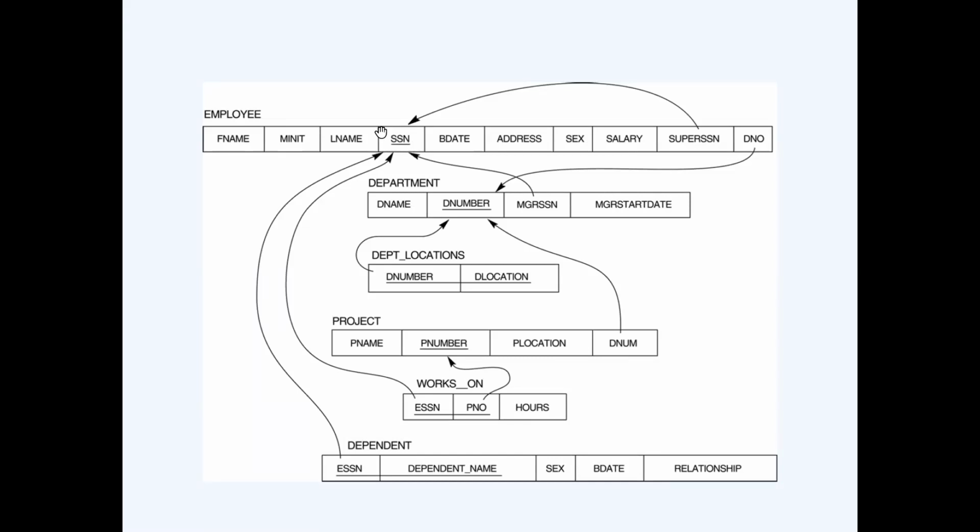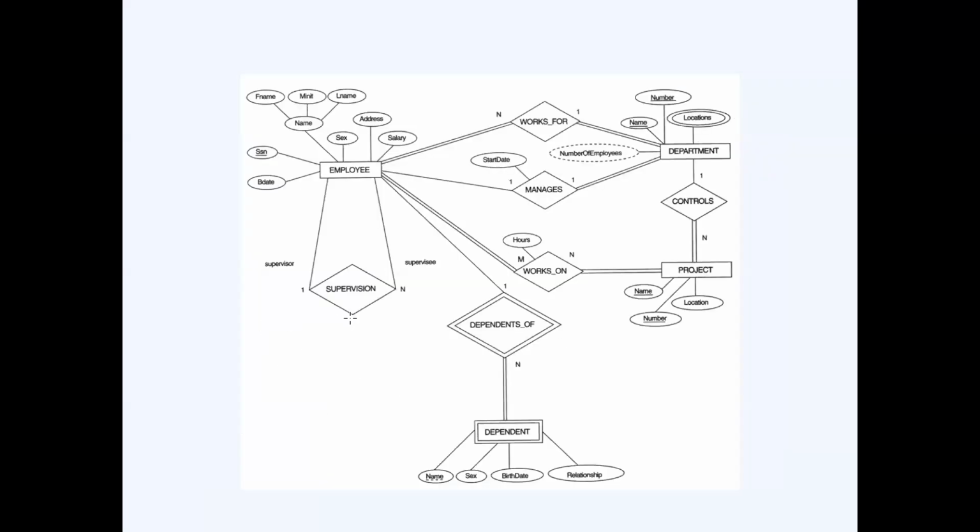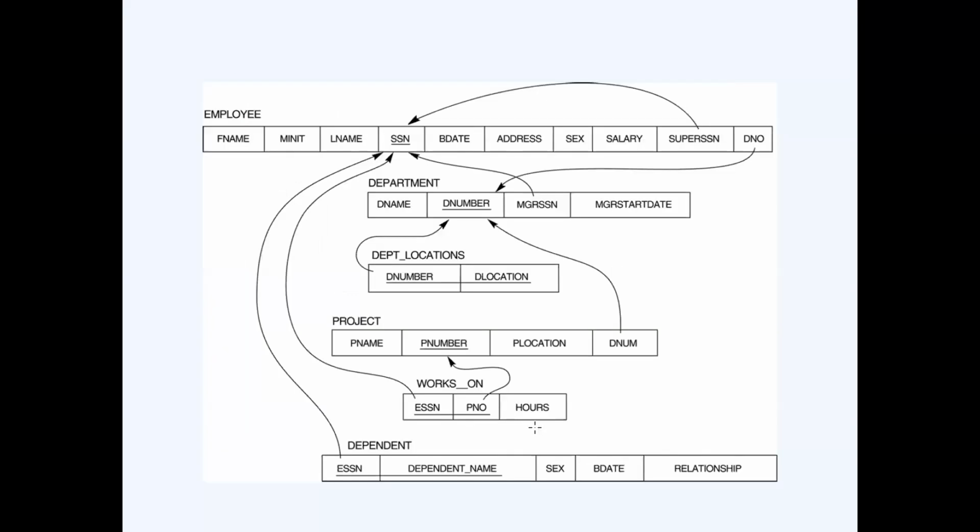So social security number is the primary key of employee, department number is the primary key of department, and project number is the primary key of project. Then we also map the weak entity type, in this case dependent. We create a separate relation, and together with the dependent name and social security number, which identifies the relation with the employee, we combine the two to create the primary key for this.